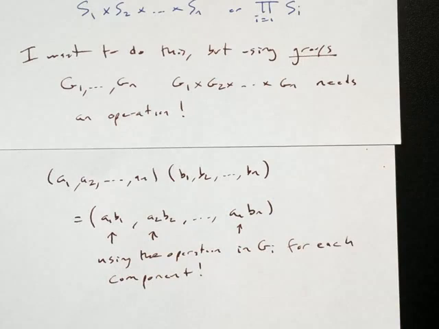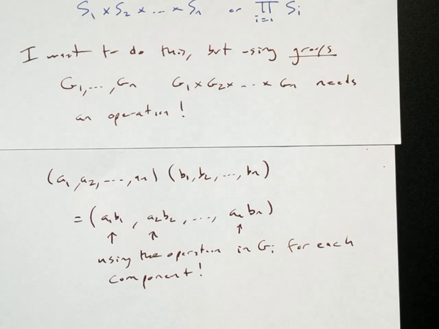So this stays closed. The operation is associative because each individual operation was associative, because it says up there G1 through Gn are all groups. And that means if I had A and B and C, it wouldn't matter if I did AB first and then C, or BC first and then A. It works both ways.